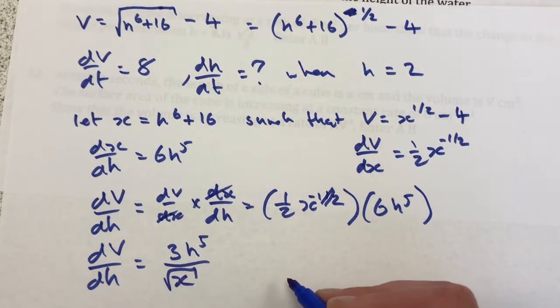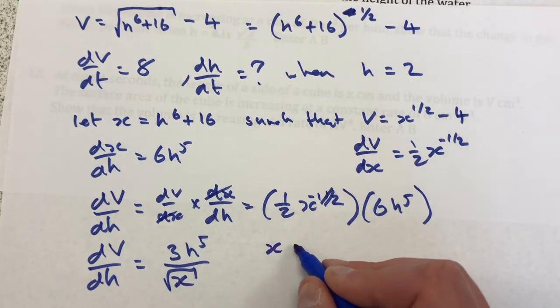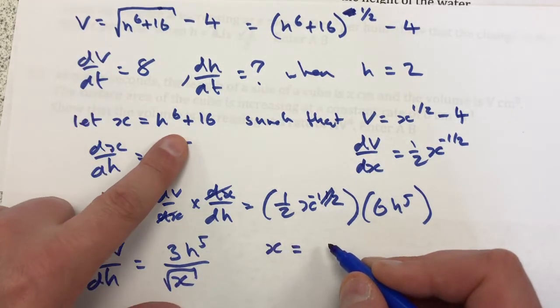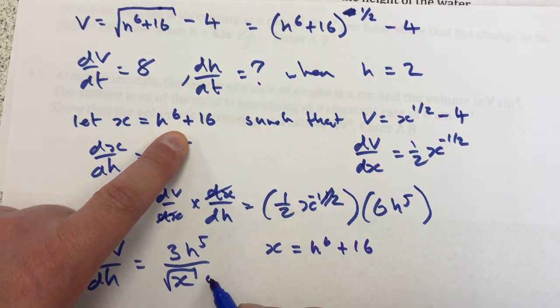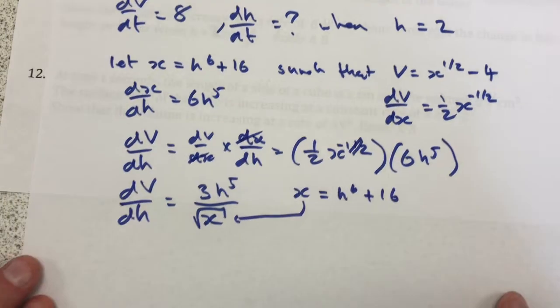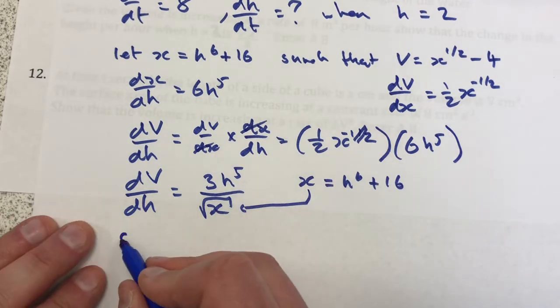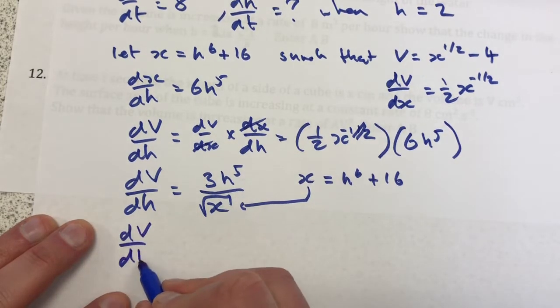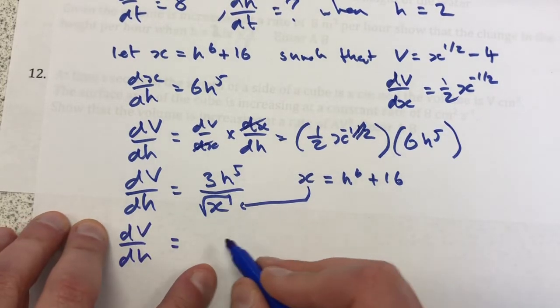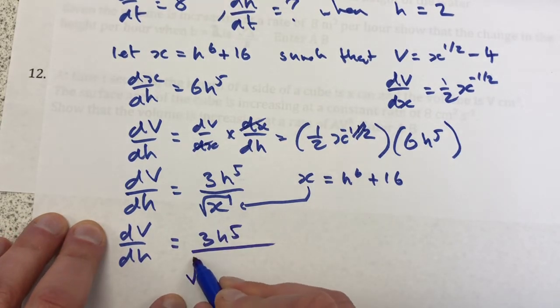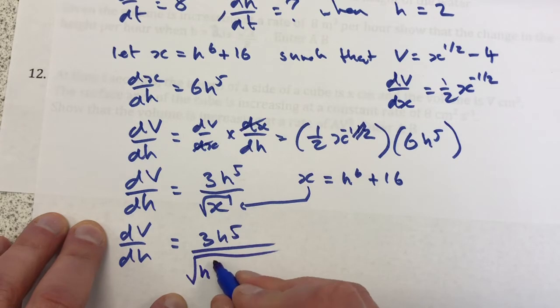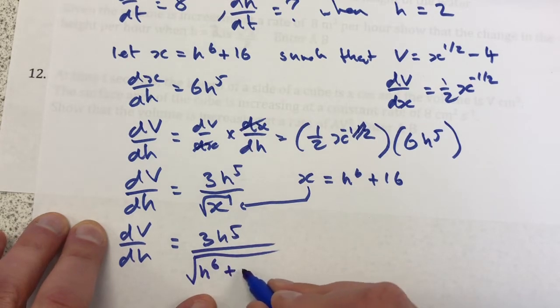And we need to remember that x is, up here, h^6 + 16. So we can substitute that back in to get dV/dh equals 3h^5 over the square root of h^6 + 16.